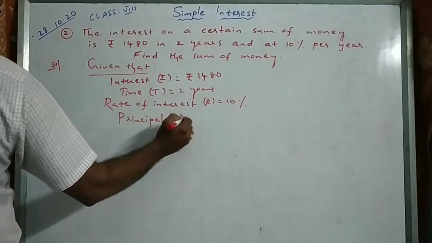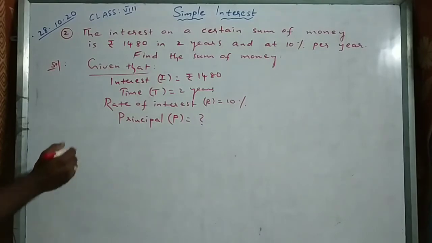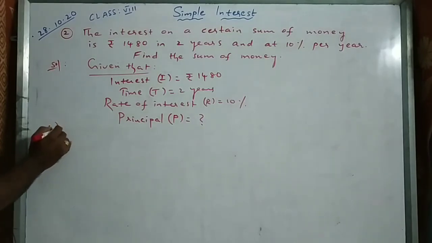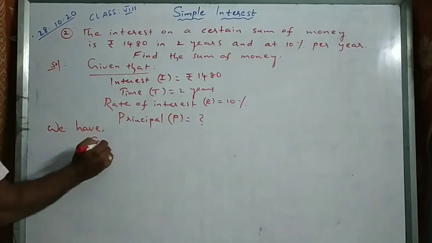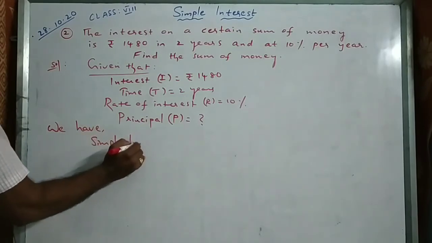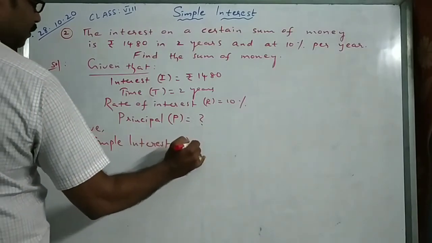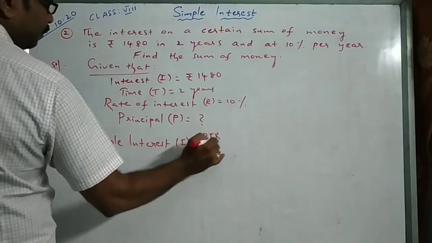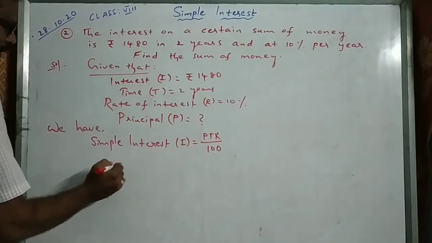Principal amount P equal to question mark. So we will keep P as it is here. We don't write any value instead of P. So we have simple interest, I is equal to PTR by 100.